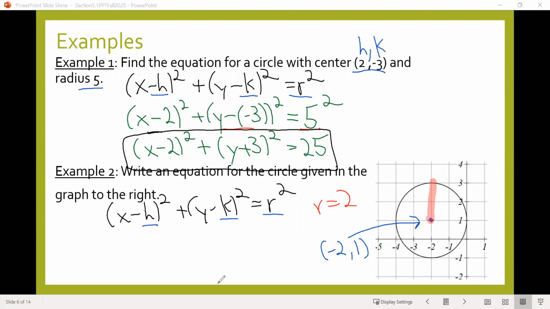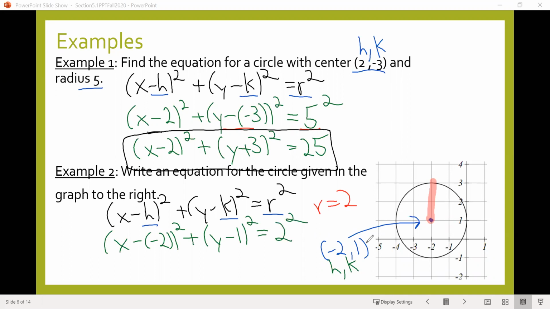So if we now plug in this information, the coordinates of the center of the circle as well as the radius. Remember, the coordinates for the center are (h, k). We can plug that into our formula over here. So we'll have (x - (-2))² + (y - 1)² = 2².